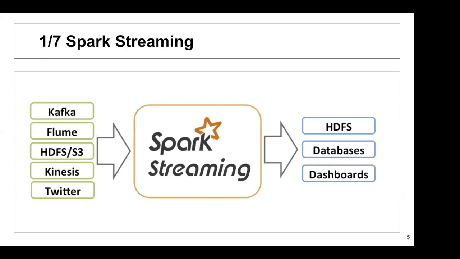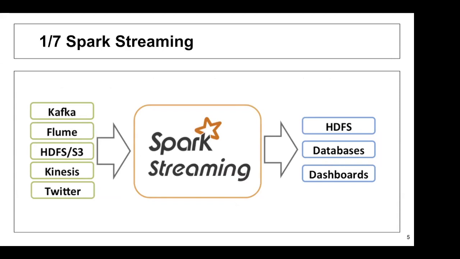As we are going to talk about Spark streaming, I hope most of you are aware of Spark. Spark streaming is just an extension of the Spark core API. It's for scalable, high-throughput, fault-tolerant stream processing of live data, but it is not exactly real time. It's a micro batch of data.